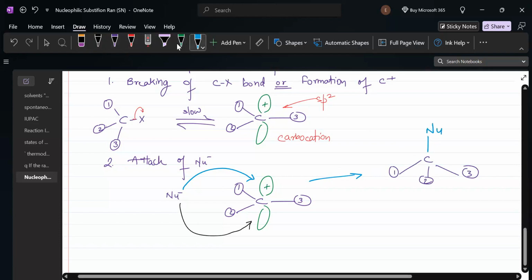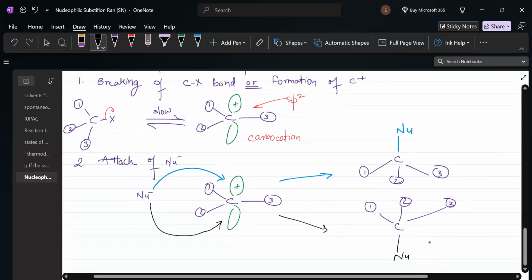And the second option will be that this carbon, since the nucleophile has attacked from the downside, the nucleophile will attach from this side. Okay, got my point?